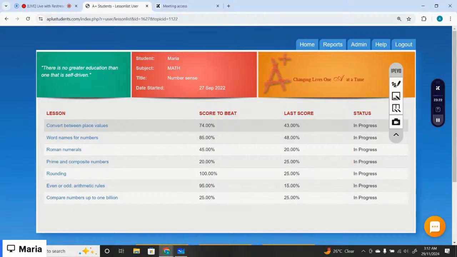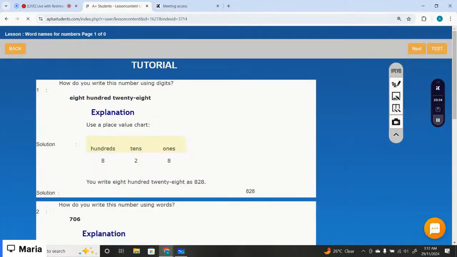The next lesson is word names of numbers. How do you write this number using digits? 828. You can use the place value chart. 8 is at the hundreds place, 2 is at the tens, and 8 is at the ones.